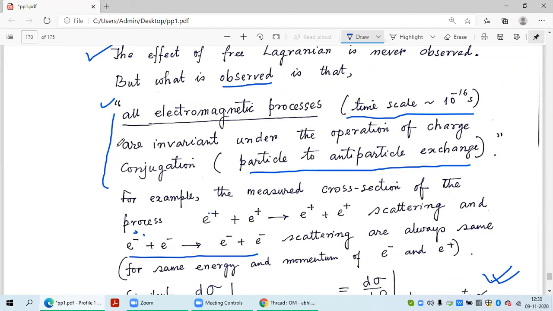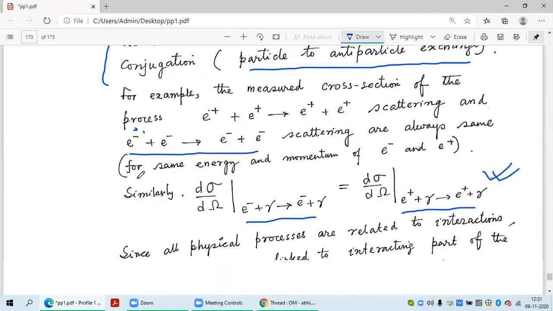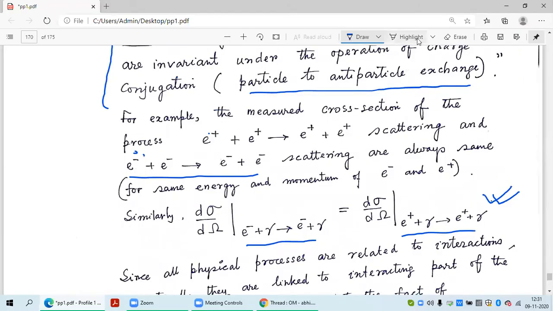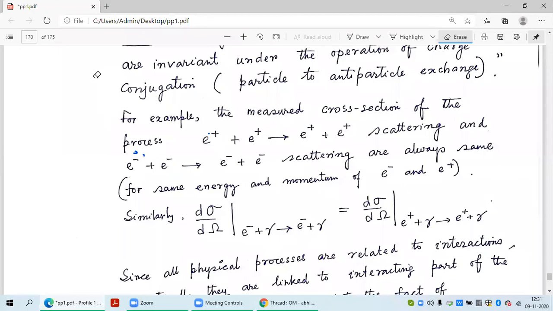This is an observation, that electromagnetic processes are invariant under particle-antiparticle exchange, or under charge conjugation. Is this clear? Yes, sir.